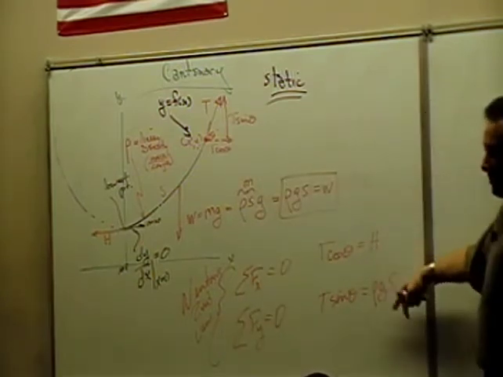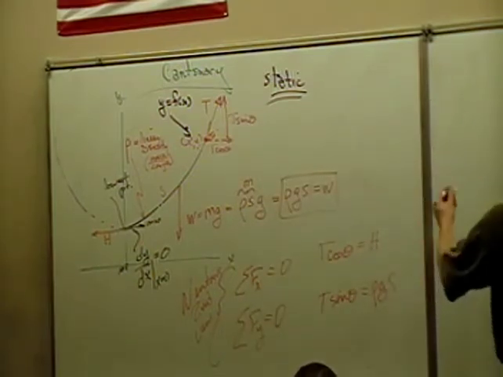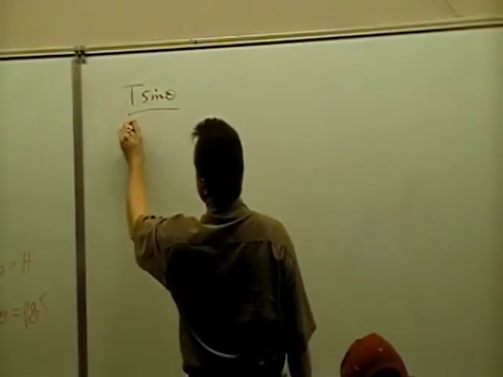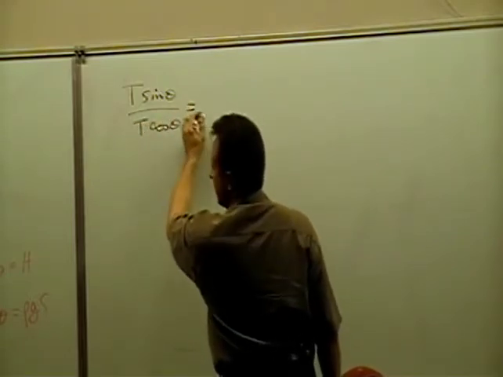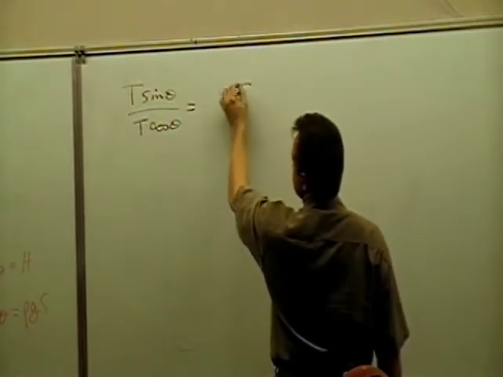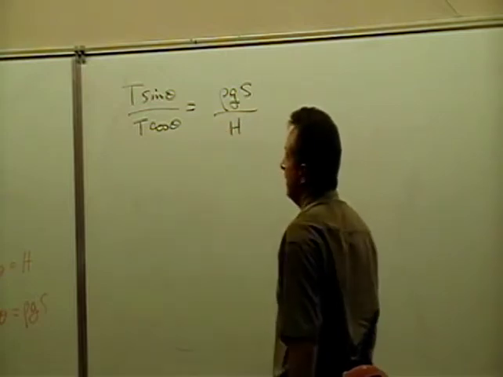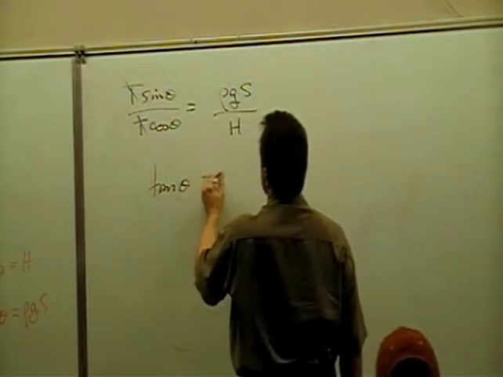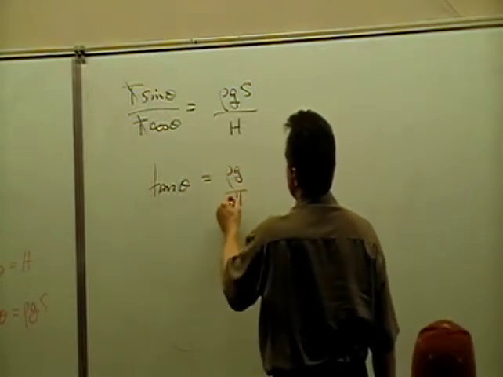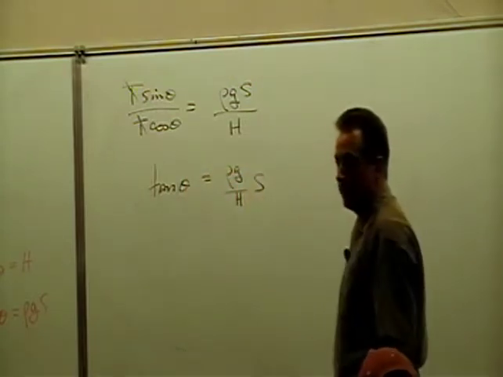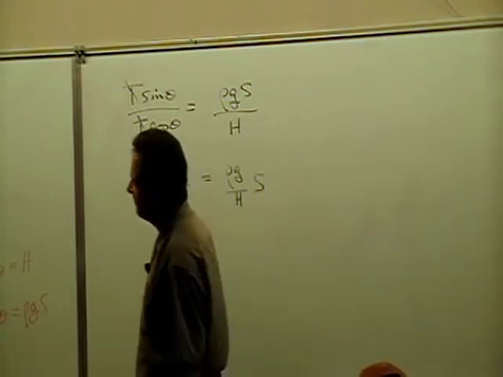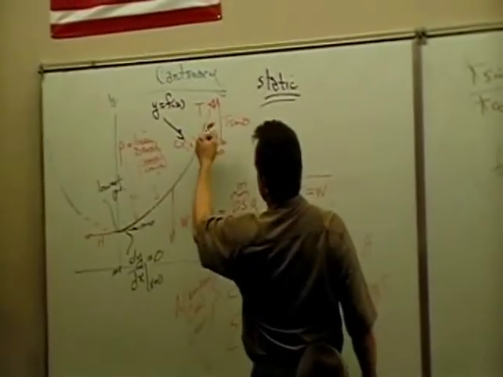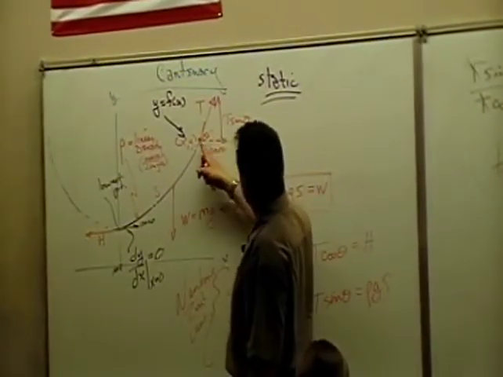I'm going to take these two equations here and divide them out. I'm going to take T sine of theta and divide it by T cosine theta, which would equal rho g s divided by h. This simplifies just to the tangent of theta, which equals rho g over h times s. Now the tangent of theta, which is this side over this side, is actually the rise over the run.